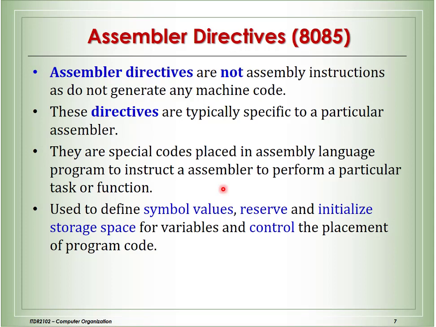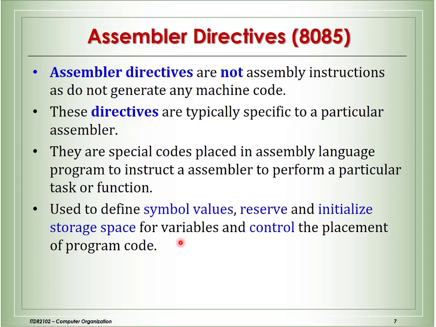So what are the uses of assembler directives? These directives are basically used to define symbol values, reserve and initialize storage space for variables, and also control the placement of the program code. As you see in the ORG directive, it actually controls the placement of the program code.